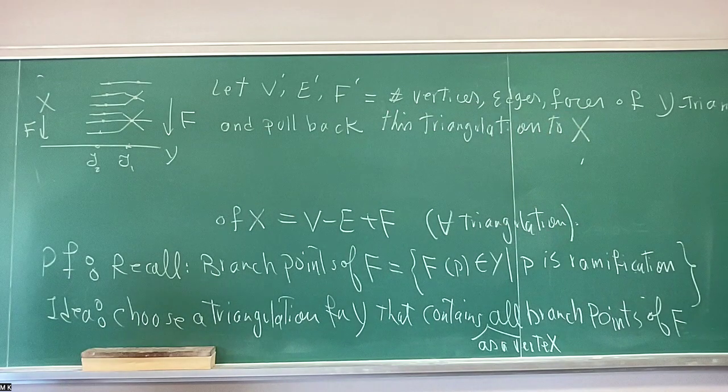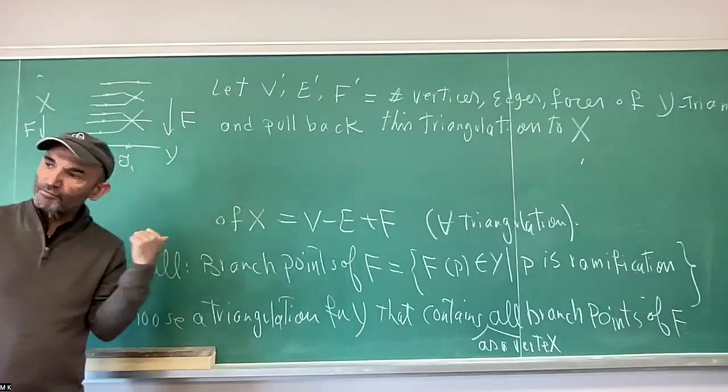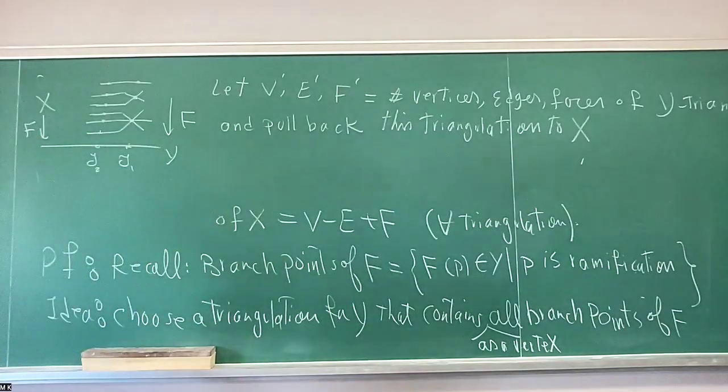Okay, so now let's see what happens. In the previous case that I proved in the last lecture, we saw that the number of vertices, edges, and faces are all multiplied by D because this map is D to 1. So when you pull back, if you have D vertices on the base, you're going to have D vertices upstairs because the map is D to 1. What about the branch points?